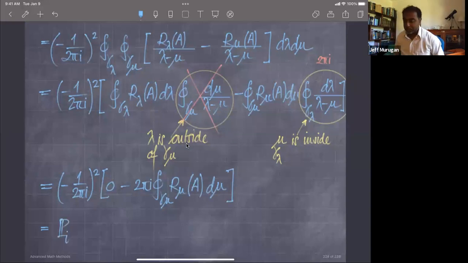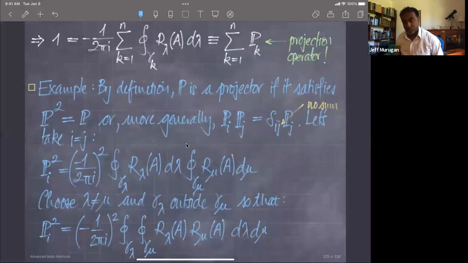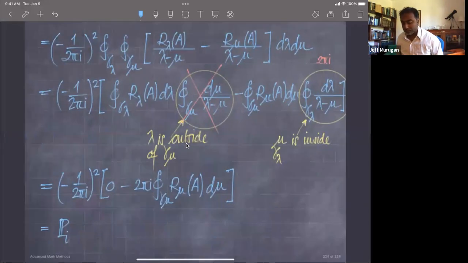And so to go back, we started off with P squared. We evaluated the integrals, and we found that this comes back to P.